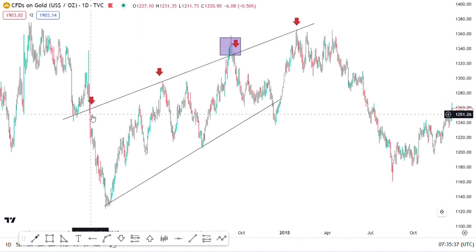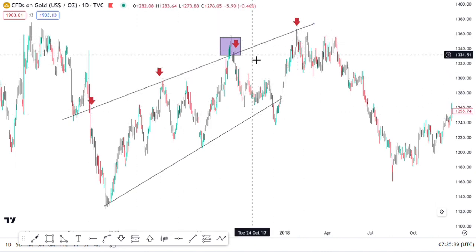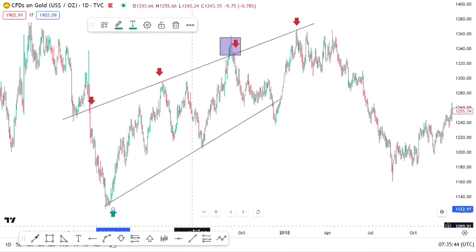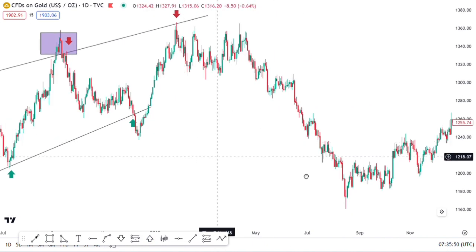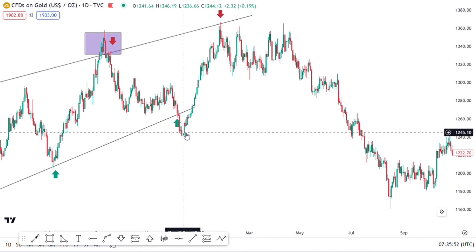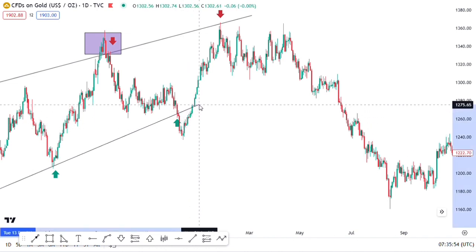You see, first, second, third. Here it gives us our fake out, and then we have first, second, and then on the third touch, look what the market did also right here. The market broke out and then came back to the third touch.